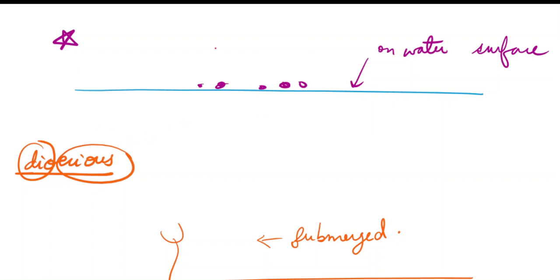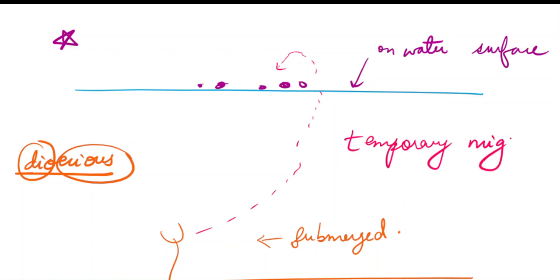What is happening here? The flower shows a temporary migration. Why? Because the flower has to undergo pollination.